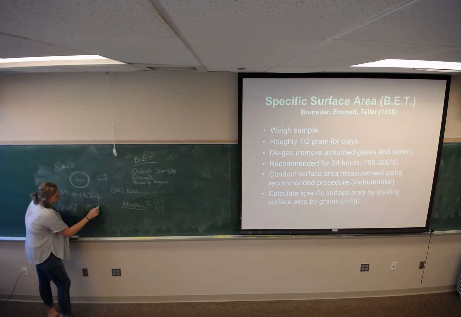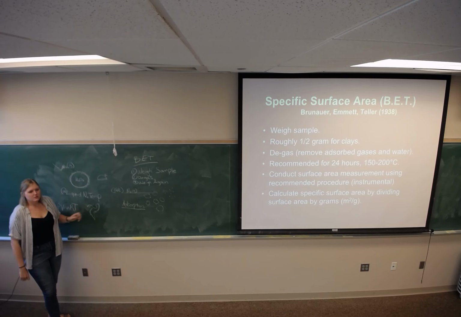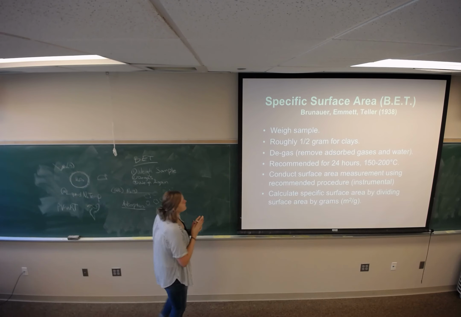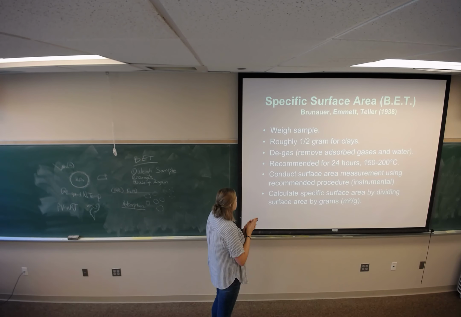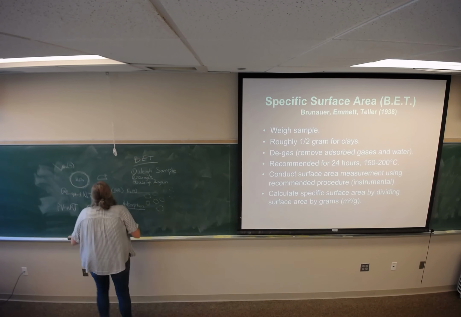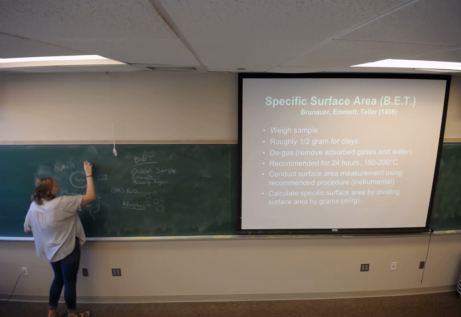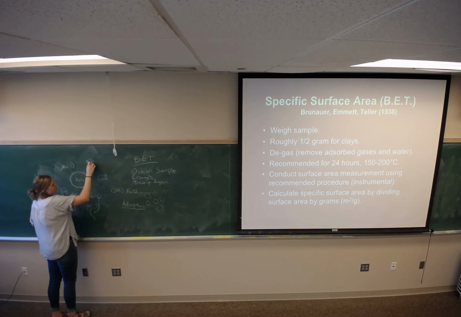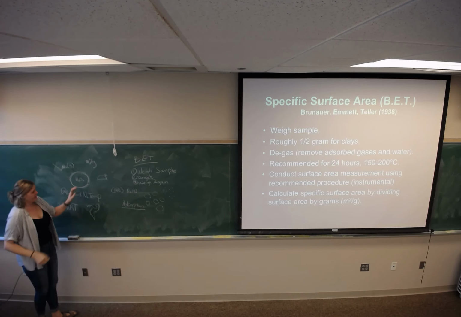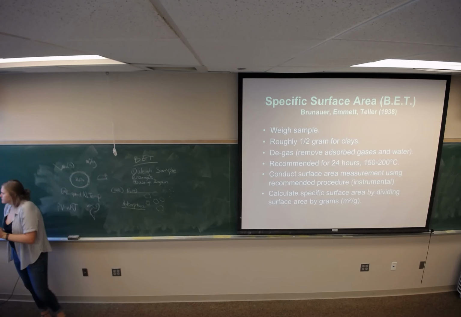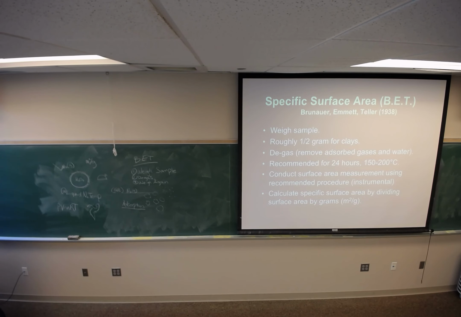It measures surface area by mass: it measures your square meters of area, and then you put in the mass, and that calculates your specific surface area for you. Okay?